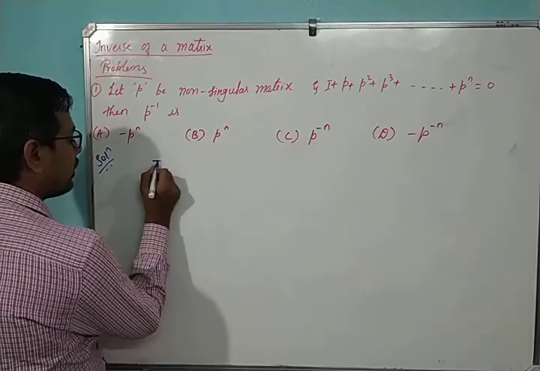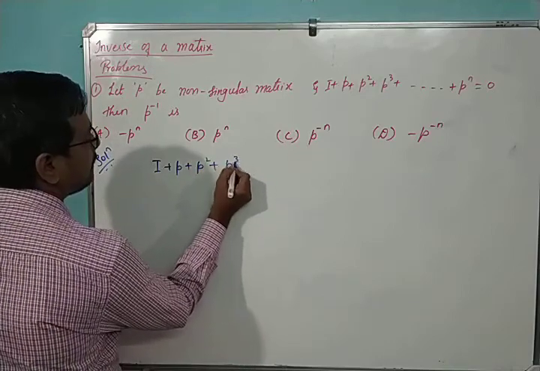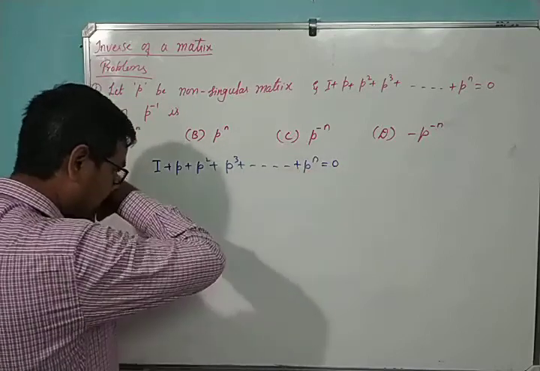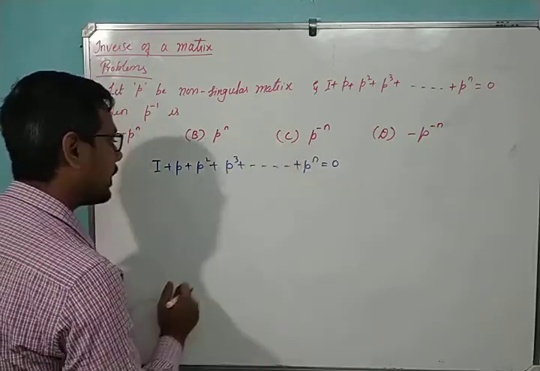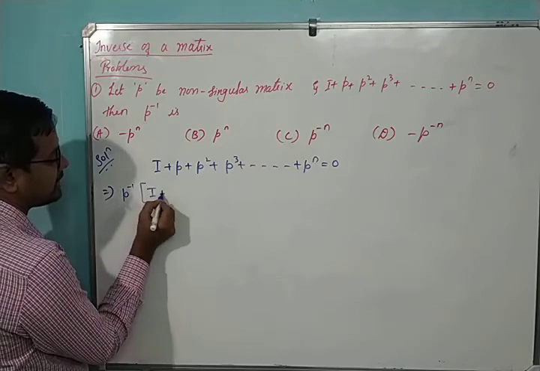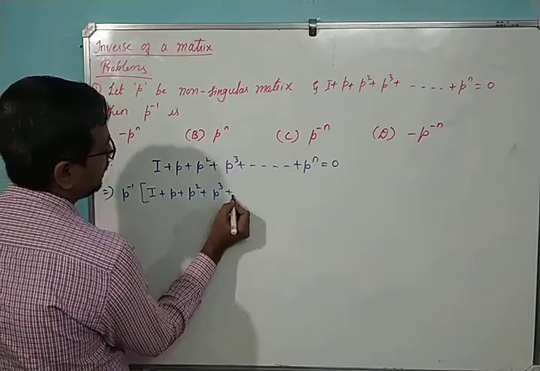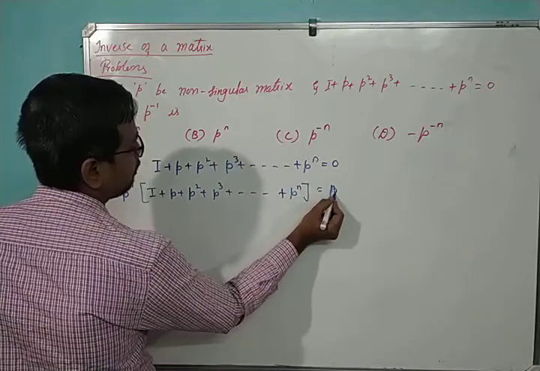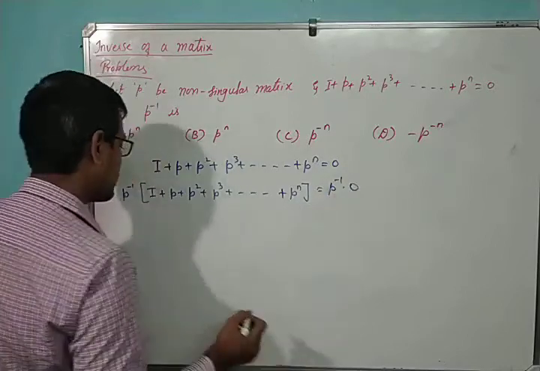Given condition is what? I plus P square plus P cube plus so on up to P to the power n is equal to 0. As P inverse exists, I can multiply P inverse on both sides. P inverse into (I plus P square plus P cube plus so on up to P to the power n) is equal to P inverse into 0.